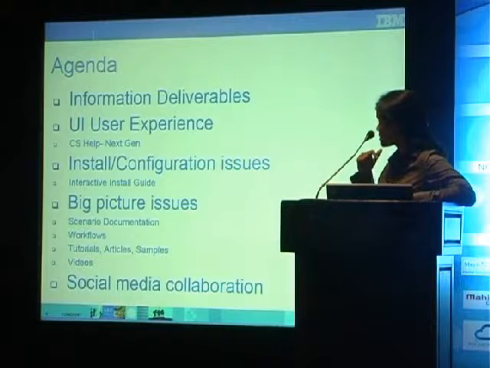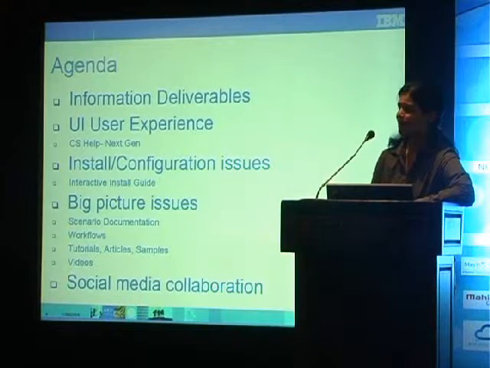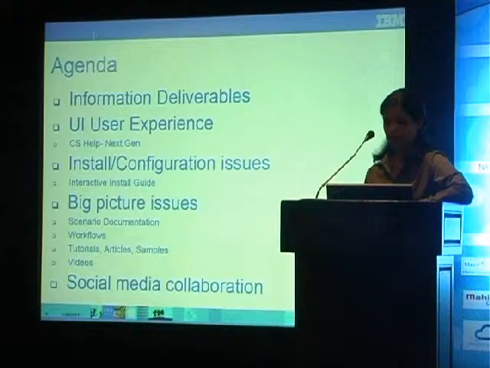We'll look into some of the trends that are being shown by the customers. They're demanding different kinds of information, and what are the ways that we can develop and deliver this information to the customers. And I'll also just touch upon some social media collaboration points as well.